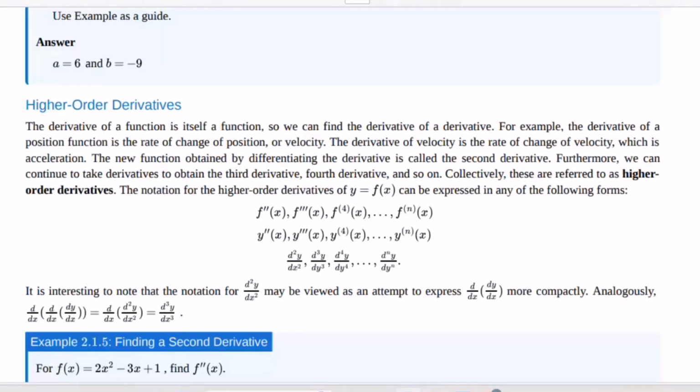So I've got 2x squared minus 3x plus 1, and then plus 1. And then I've got minus 2x squared minus 3x plus 1, all over h.